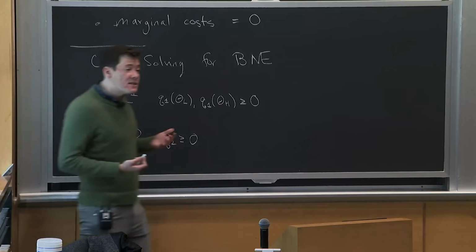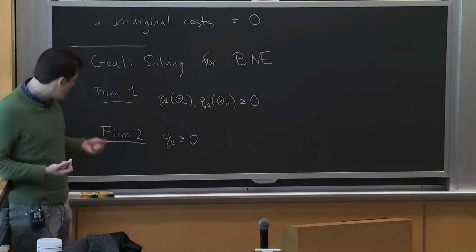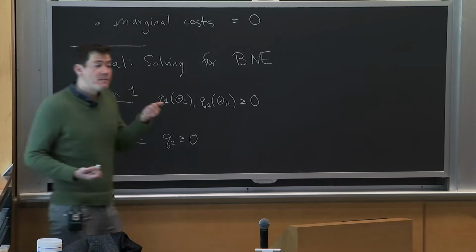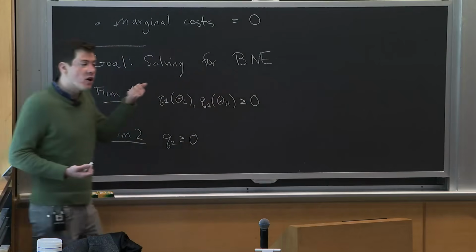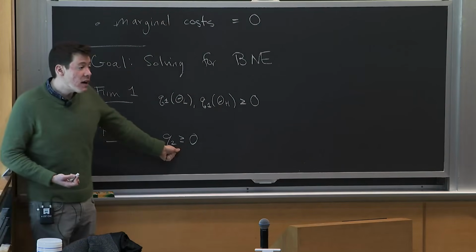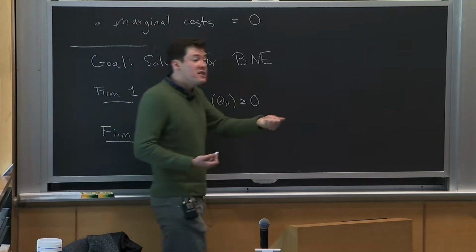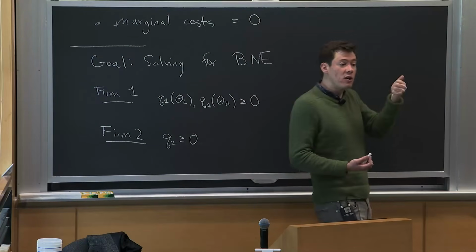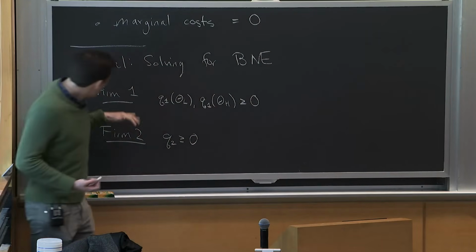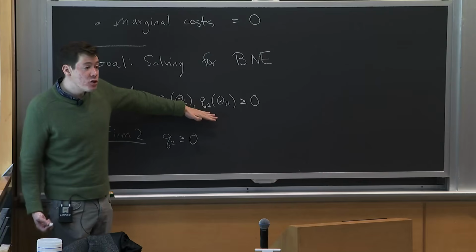If we want to think of this in terms of our formalism from last week, firm 2 has a single type. They have a single mental state. Sometimes we call that T bar. And when I just write Q2, that's really Q2 of T bar. It's the quantity they produce for their single mental state. Firm 1 actually has two mental states.